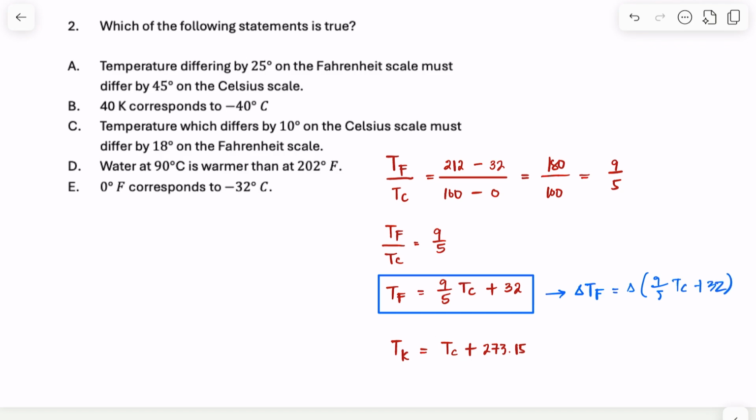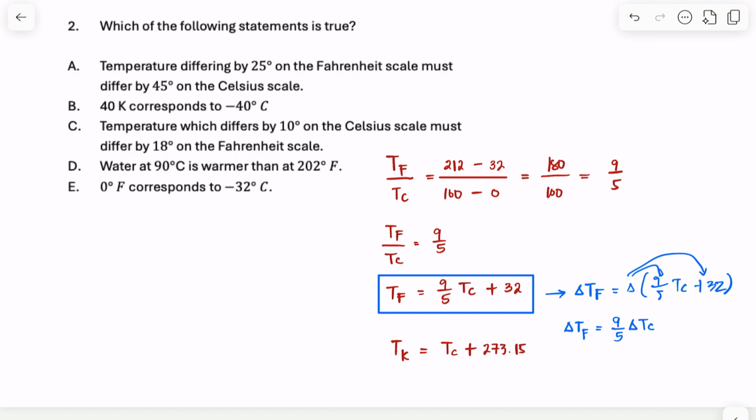If we distribute the change, the change in the temperature in Fahrenheit is equal to, taking the constant out, 9 over 5 times the change of the temperature in Celsius. One thing to think about is that the change of a constant, in this case 32, is just 0, because a constant doesn't change, right? So this is 0, and this one you just distribute right there.